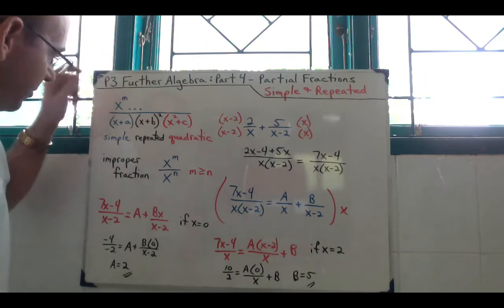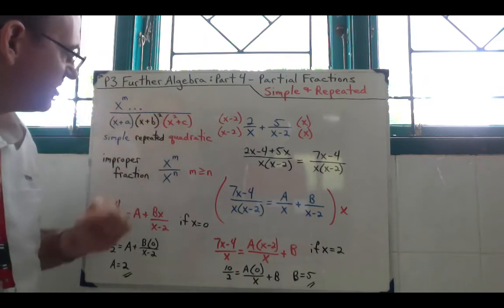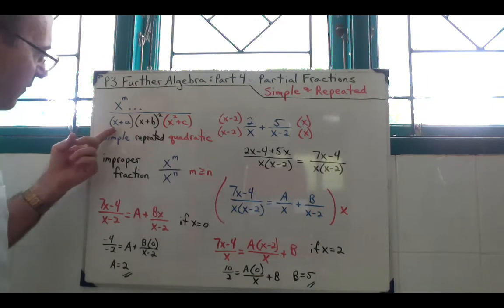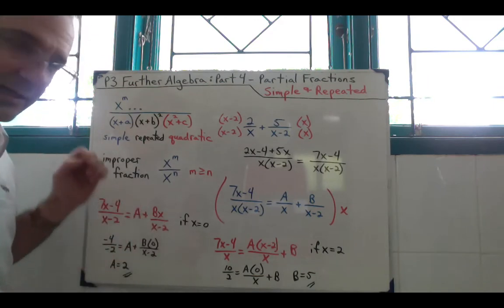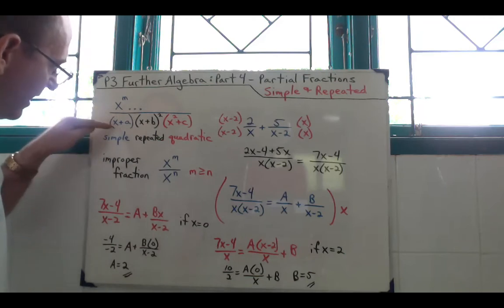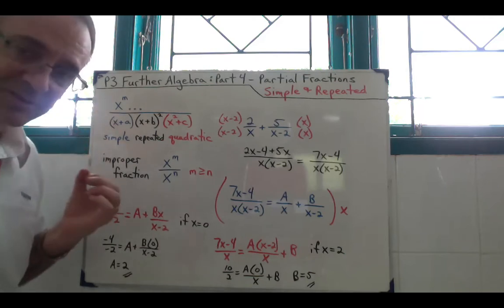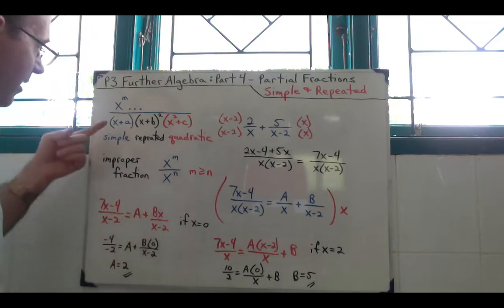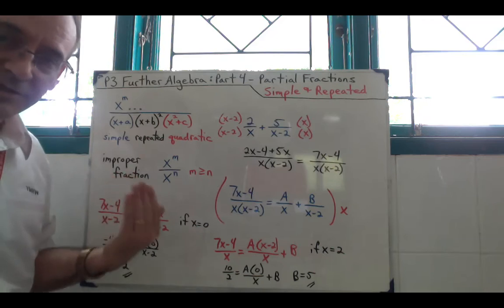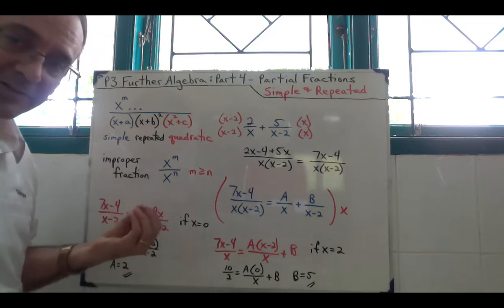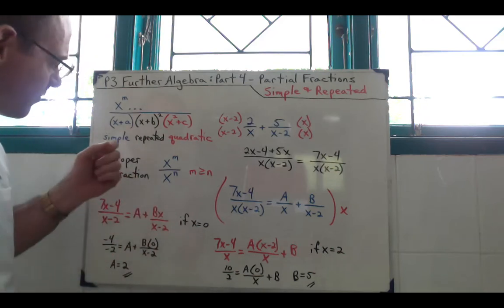In the denominator, if your factor is linear, meaning the highest exponent inside the factor is an exponent of 1, then it is considered a simple denominator or a simple factor in the denominator.